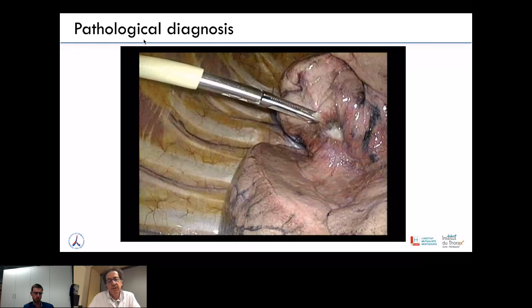Before starting, I would like to show you just this short clip. I show it to you because many of our visitors are surprised when they see that. So obviously, if you are dealing with sublobar resections, you deal with small tumors, and sometimes you don't have a preoperative diagnosis.